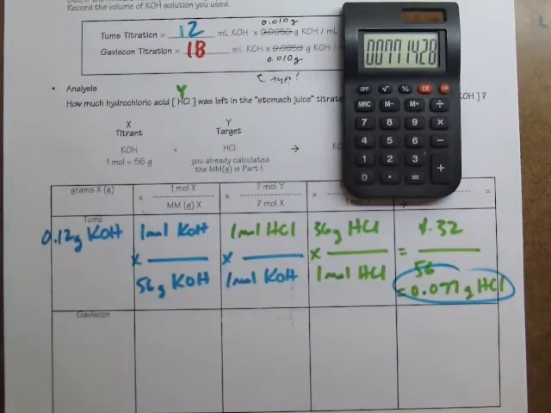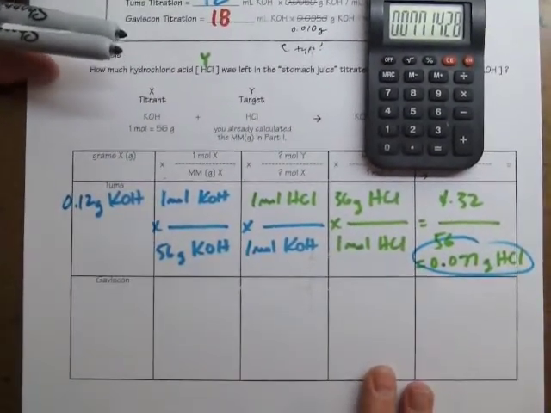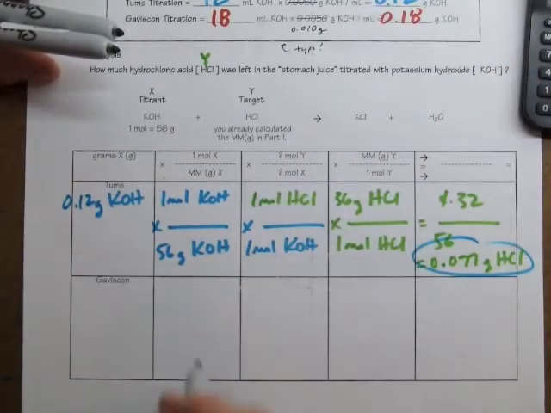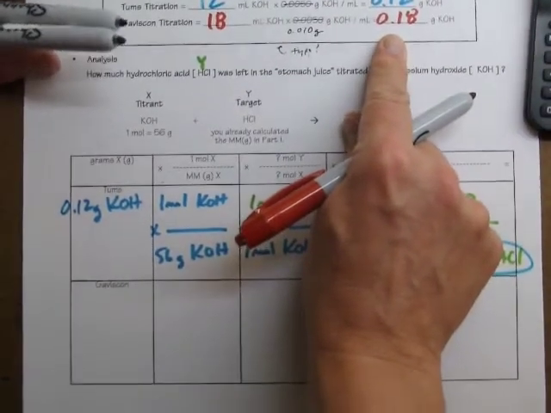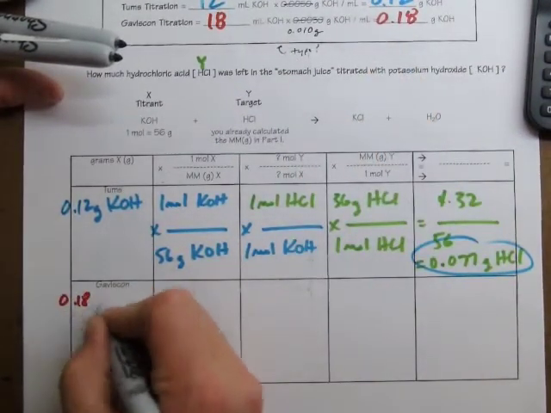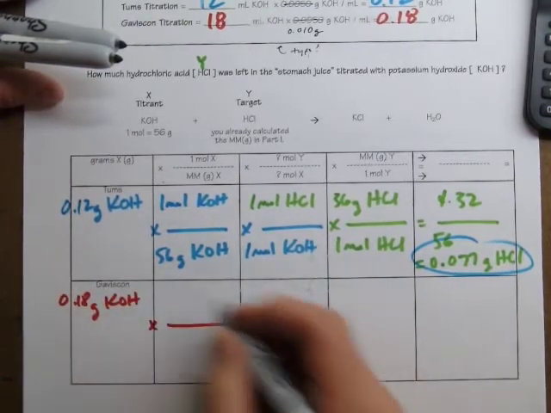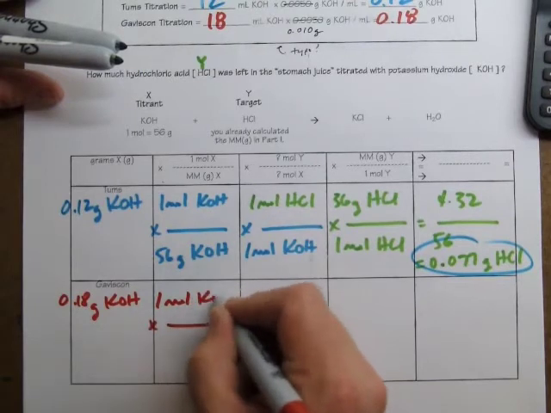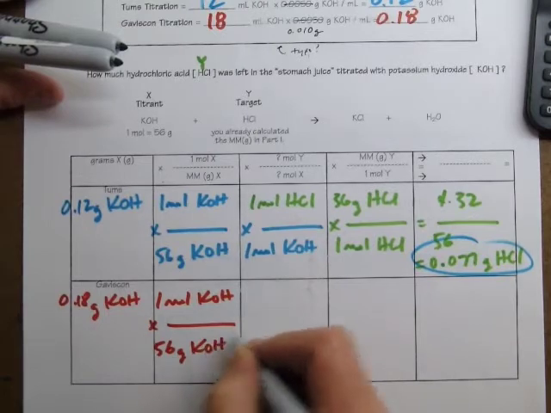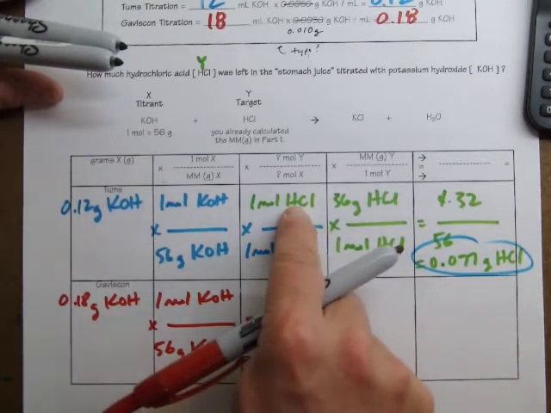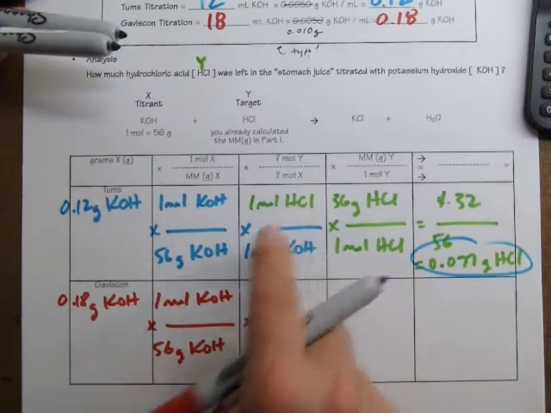We'll do the same calculation for the Gaviscon. It's done using the same steps because we're trying to find the same thing. But we'll start with the grams of potassium hydroxide used in that analysis. So 0.18 grams of potassium hydroxide over 1 mole of potassium hydroxide and its molar mass times, on the top, it's potassium hydroxide, hydrochloric acid, the thing that we're trying to find out about.